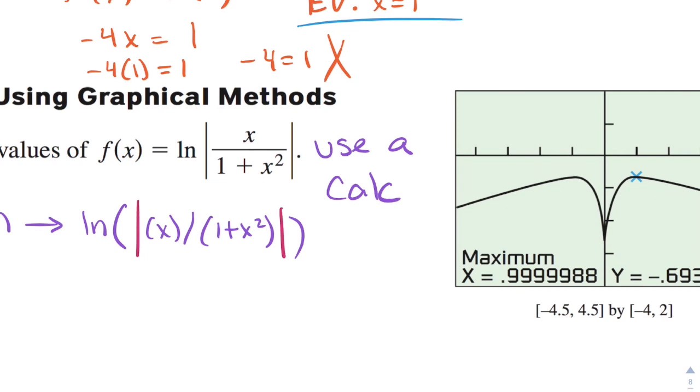So I'm going to go back in and insert some absolute value. That's going to be under the math key. Math, number, absolute, x divided by 1 plus x squared.